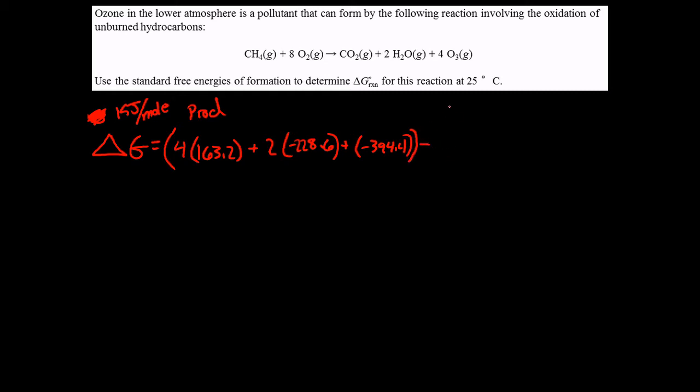So again, products minus reactants. So we have 8 O2. If you find oxygen on the table and you look at O2, what you will find is that delta G for O2 is 0. So we have 8 times 0, which is just going to be 0. And then we will have 1 for CH4. So if we go back to carbon here, CH4 in the gas phase is negative 50.5.